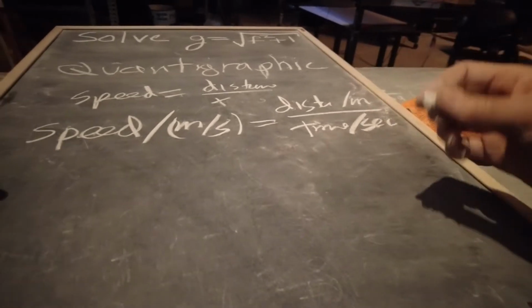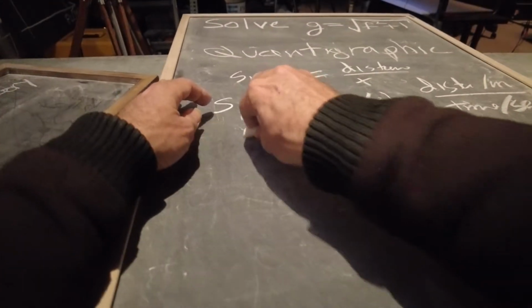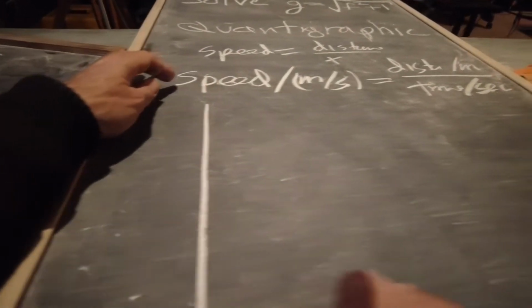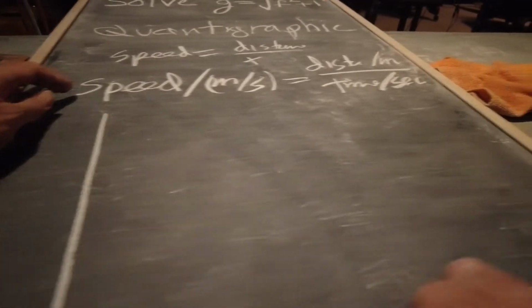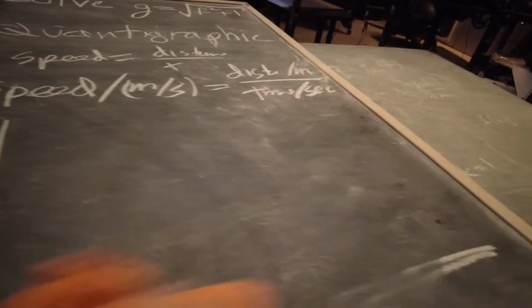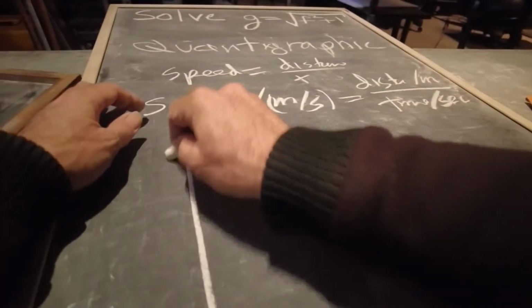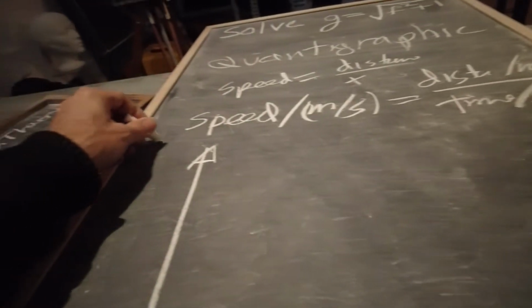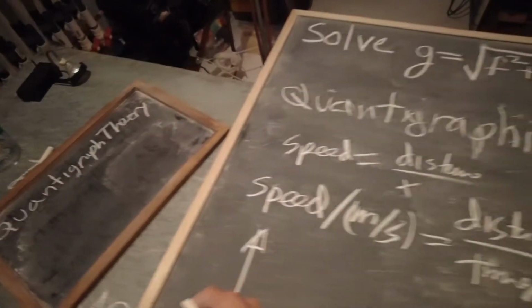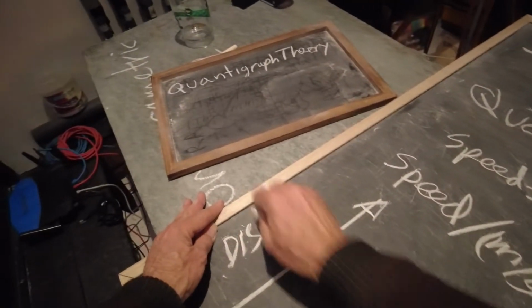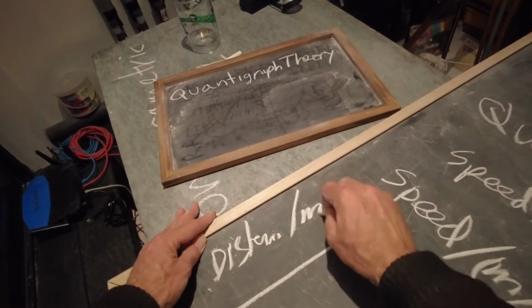And then we can get that into quantigraph theory and say, let's say the slope is the speed, and say this is distance, and let's write this here as distance per meter.